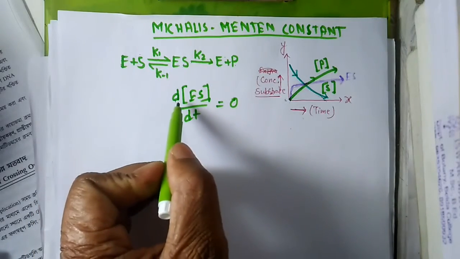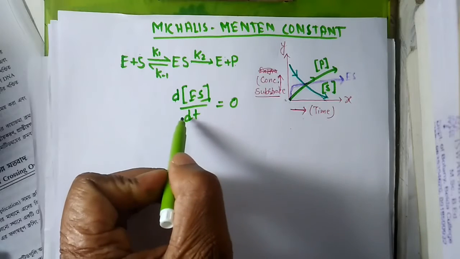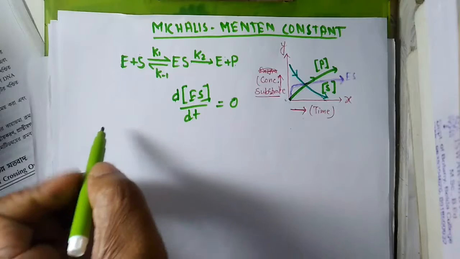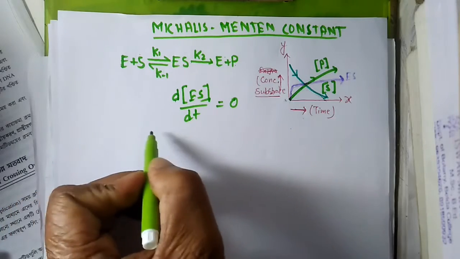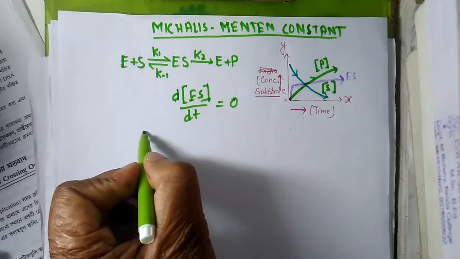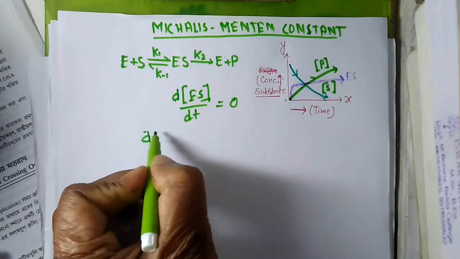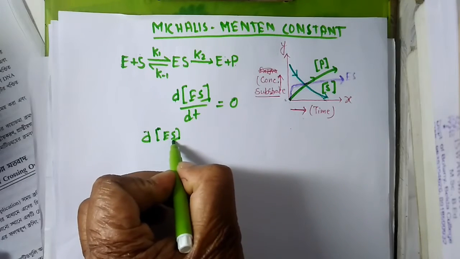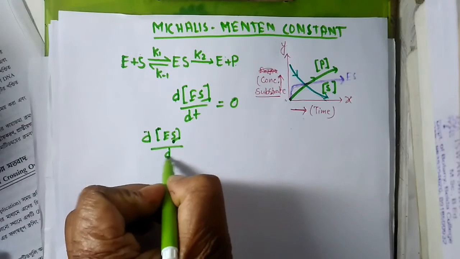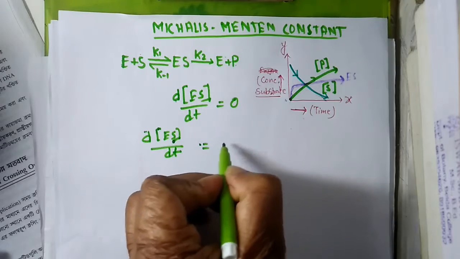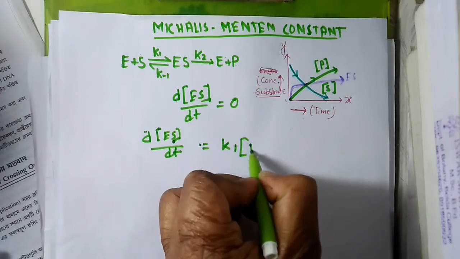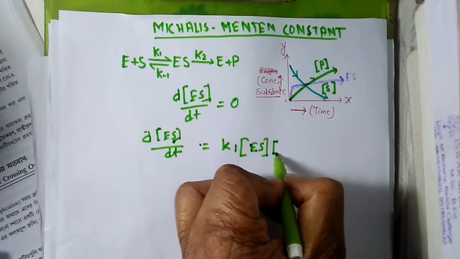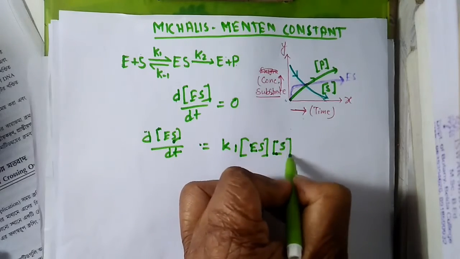So here d[ES]/dt with respect to time is 0. The rate of formation of ES with respect to time is K1 times enzyme and substrate.